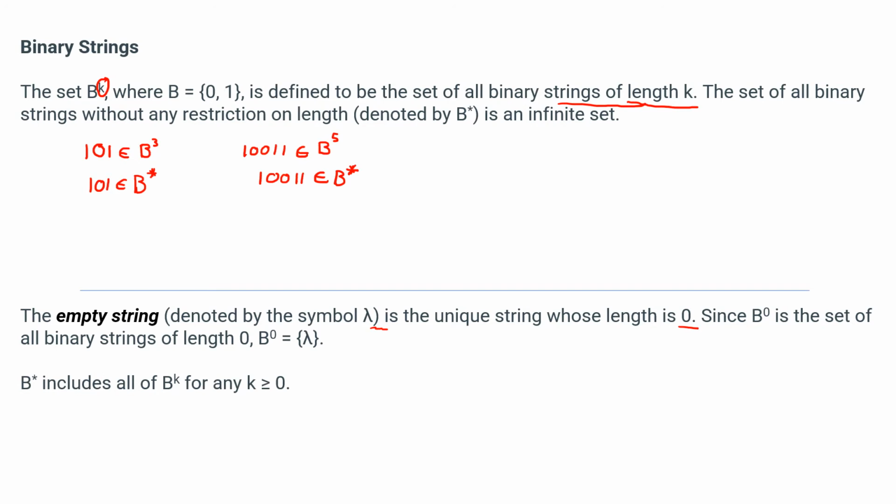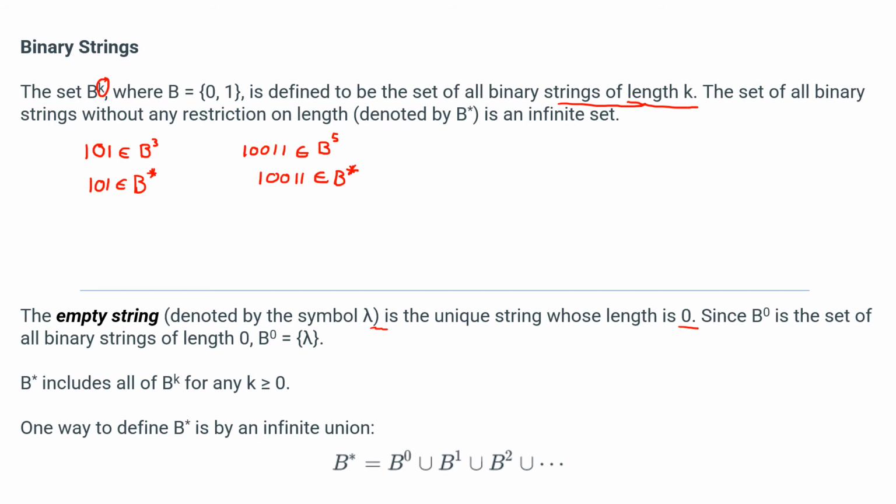Okay, and so if we wanted to come up with a way to denote B star without writing all of this here, and assuming that we knew what B to the K is, then we could just say that it includes all of the B to the K for any K greater than or equal to 0. So one way we could write that is B star is equal to the union of all of these different B's.